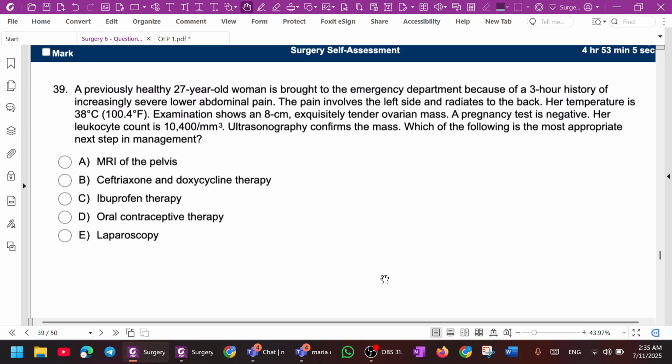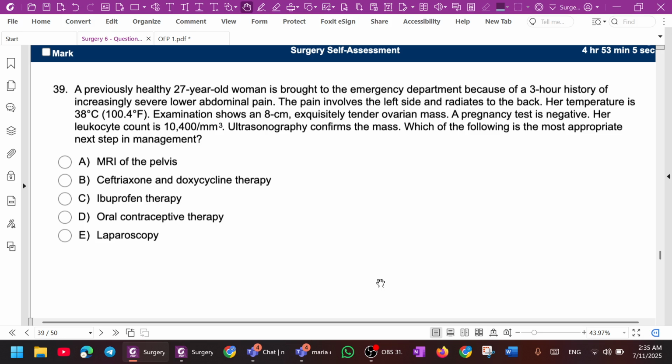A previously healthy 27-year-old woman is brought to the emergency department because of a 3-hour history of increasingly severe lower abdominal pain. The pain involves the left side and radiates to the back.